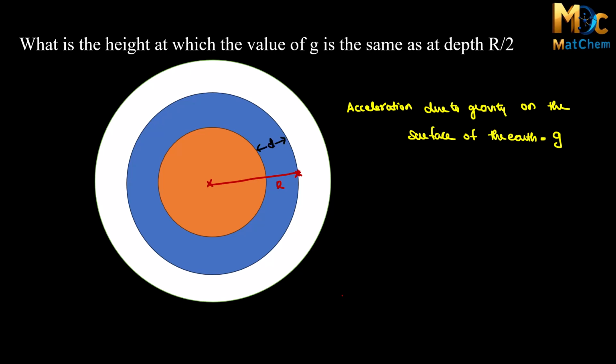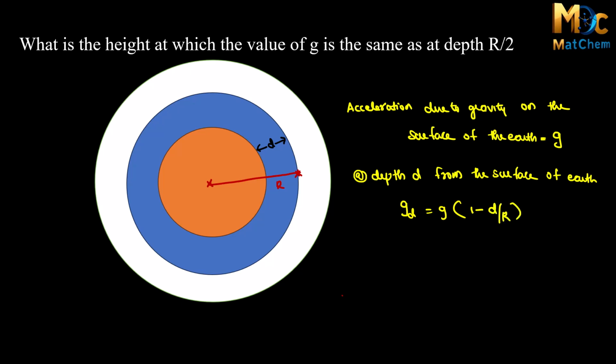Acceleration due to gravity at depth d from the surface of the earth can be calculated as g_d. g_d is equal to g into 1 minus d by R. d is the depth, R is the radius of the earth.